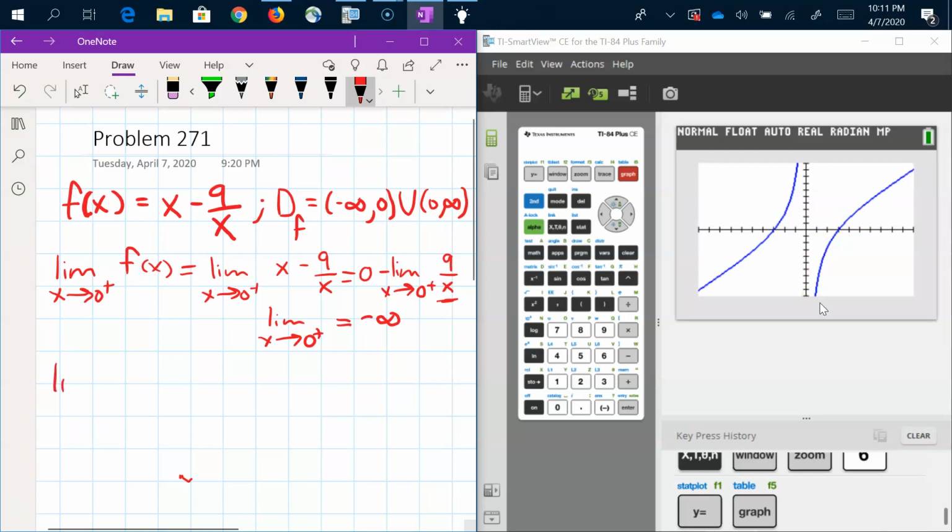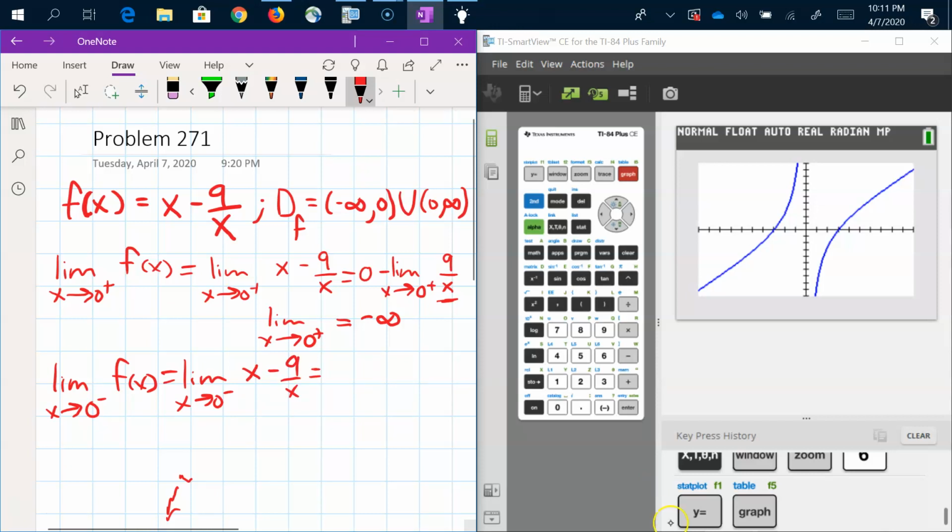Similarly, if we look at the limit as x approaches 0 from the left, this will be the limit as x approaches 0 from the left of x minus 9 over x.